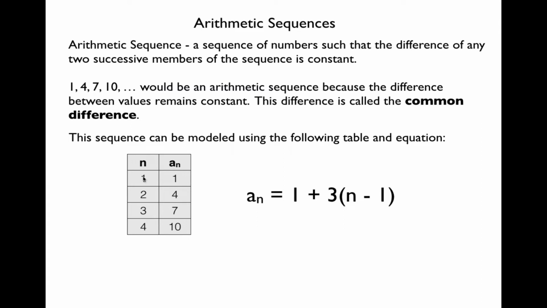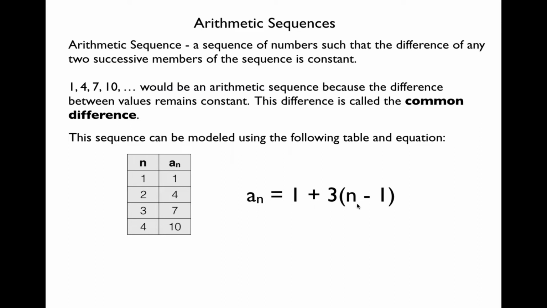So n represents the order in which the terms appear. So 1 represents the first term, and the output is the first term in the sequence. This would represent the second term, and 4 would be the second term in the sequence. The third term, 7, would be the third term in the sequence, and 4 is the fourth term, and then 10 would be the fourth term in the sequence.